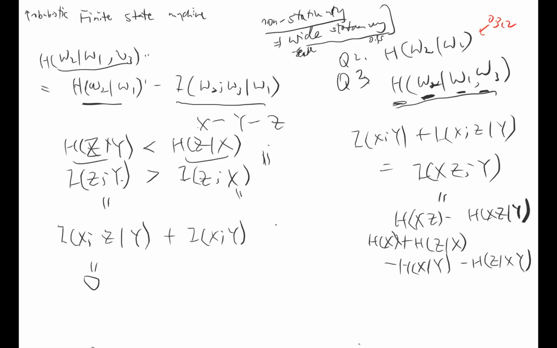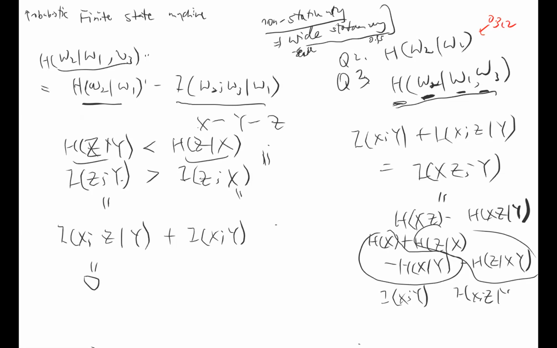So then I group this side here, I get I(X; Y), and I group this side, I get I(X; Y given Z), I guess.